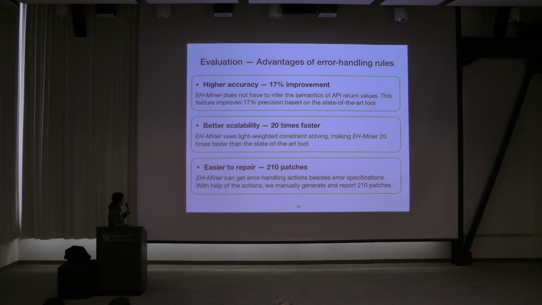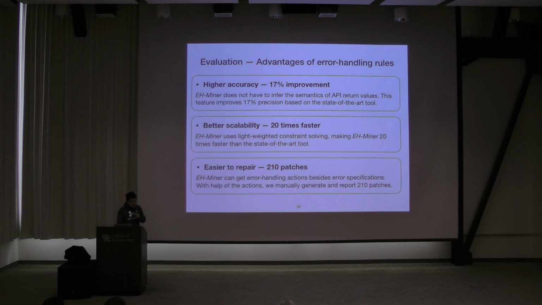We also compare our tool to existing tools which are not using error handling rules. Here we have three advantages of using error handling rules. First, we have higher accuracy. Because each miner does not have to infer the semantics of API return values, this feature improves about 17% based on the state of the art.